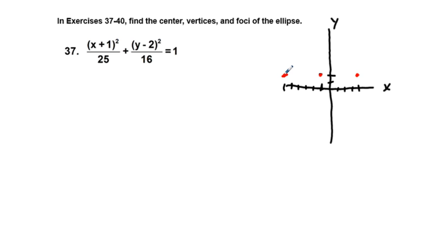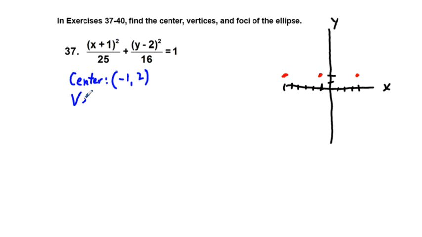So this is going to be along our major axis, and so our foci are going to be along this area here. So we have our vertices and we have our center, and let's go ahead and just write those out. Center is going to be the coordinate pair -1, 2.